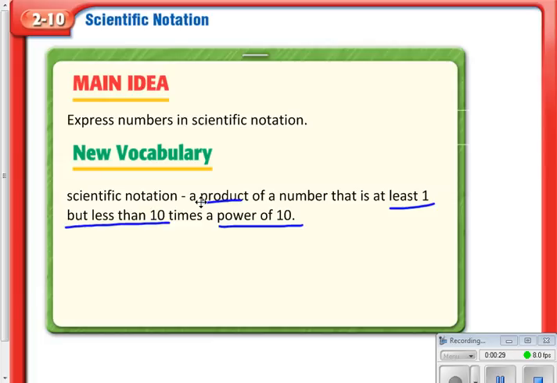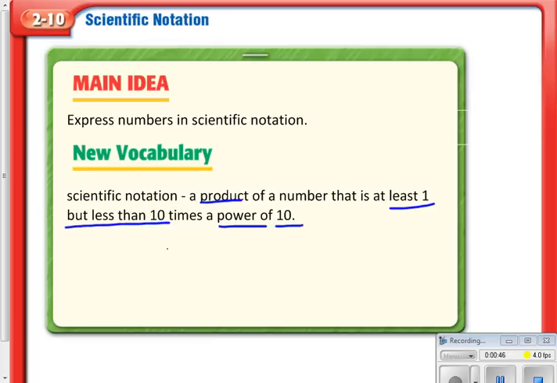So examples here, for instance, if you had 47.3 times 10 to the fourth, this is not in scientific notation. This first number here, yes, it is at least 1, but it's not less than 10. Therefore, it's not in scientific notation.